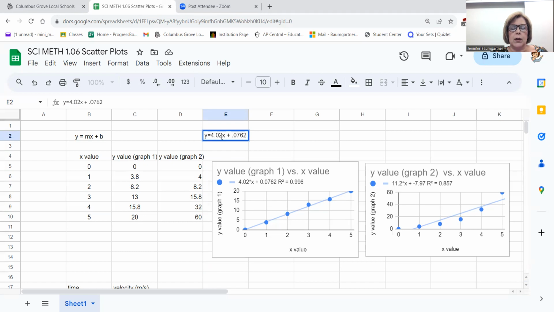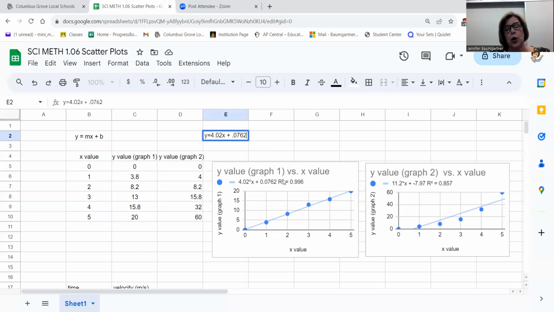Here's my y value. If I put in any x value to get the y value, I would complete these calculations. So these are my y, these are my x. This is my y-intercept. It's almost at 0, but not quite. And this is my slope. Now I did a second one over here. So this gives me the equation for my line.